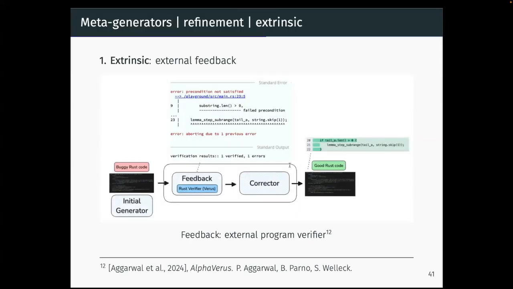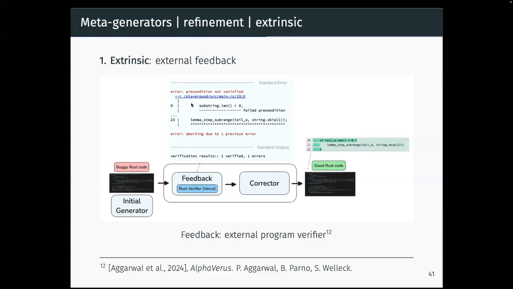As I mentioned, one source of this extrinsic or external feedback is in code generation. This is an example from one of our papers, where we were looking into the setting called verified code generation. Our goal is to generate a Rust program, and for some Rust programs, you can have a formal verifier called Verus.